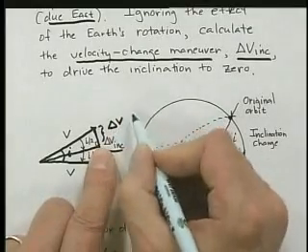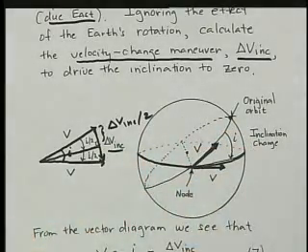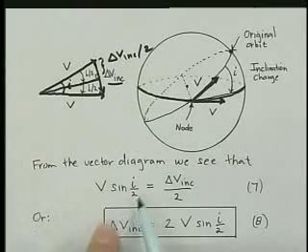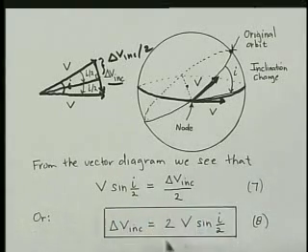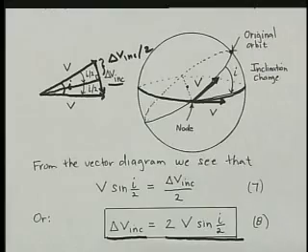This is half of the value we want, because we split this isosceles triangle into two right triangles. And so we have v sine of I over 2 is delta v inc over 2, or doubling this, we get the solution. The delta v inc is 2v sine I over 2.